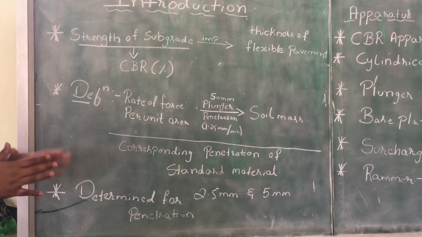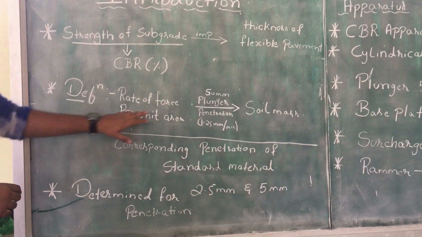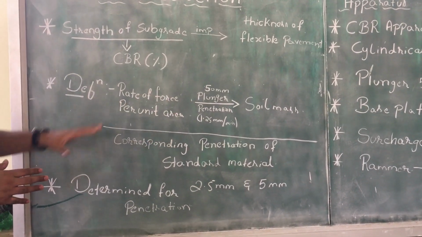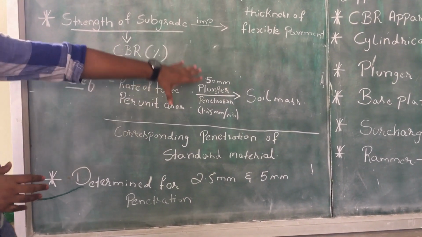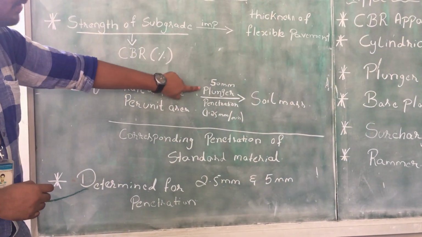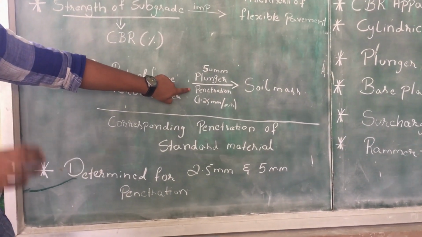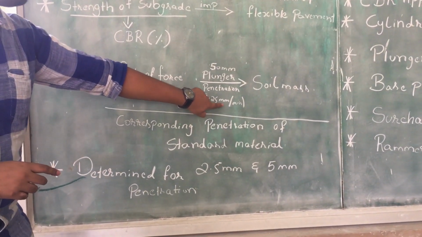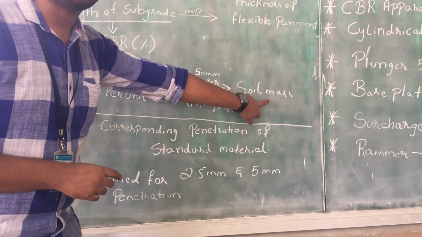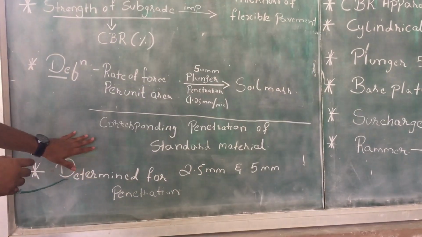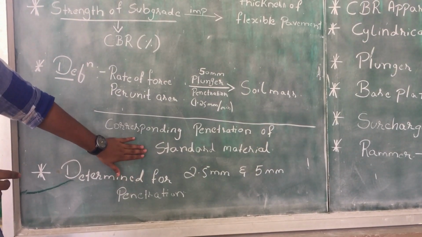We define it as the rate of force per unit area obtained when a 50 mm plunger is penetrated at a rate of 1.25 mm per minute over a soil mass, compared to that of a corresponding penetration of standard material.